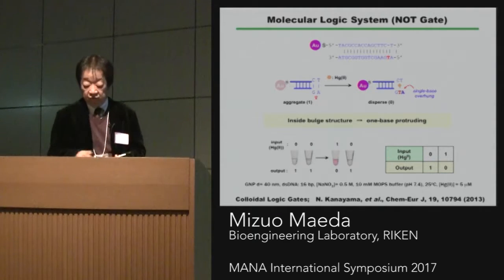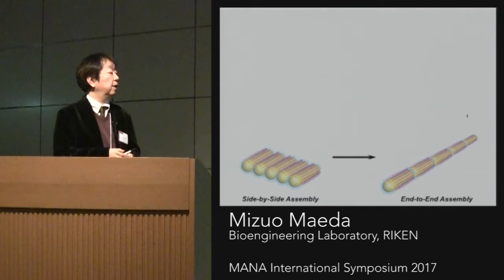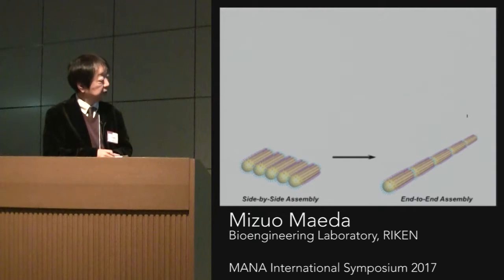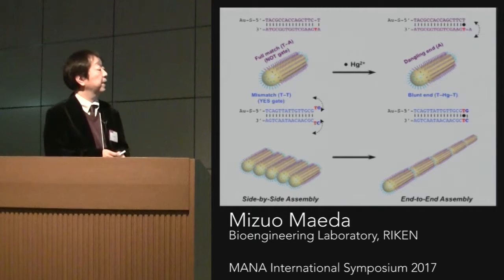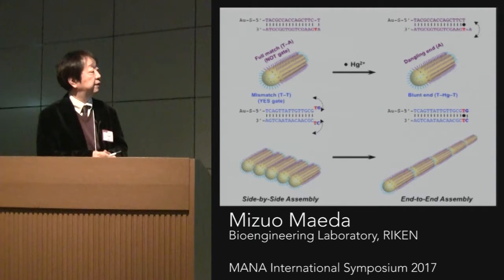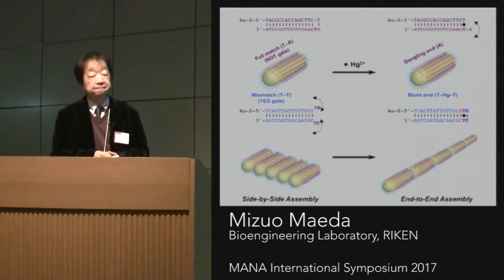So with this NOT gate, we carried out side-by-side assembly to end-to-end assembly. And this was the result. The side is fully matched TA, but this is a kind of NOT gate. And at the terminus, both ends are TT mismatch.